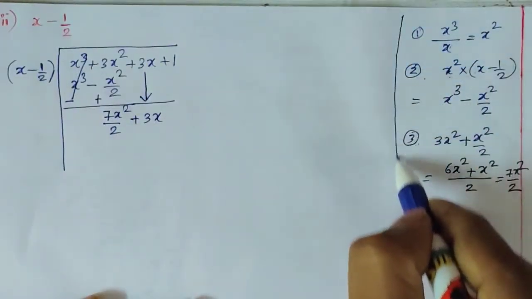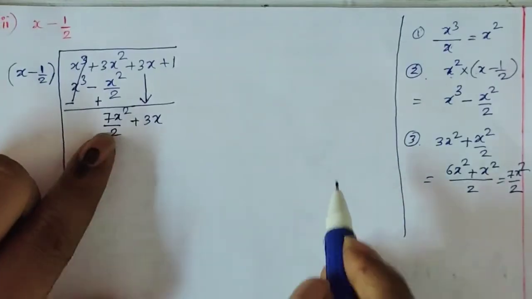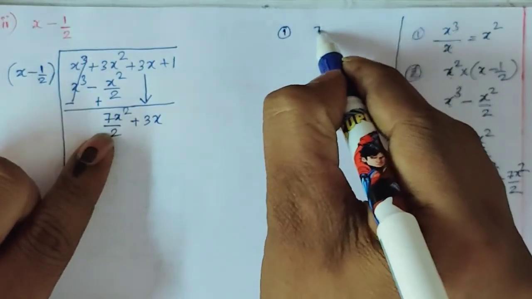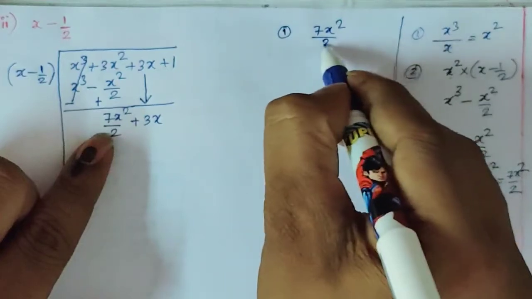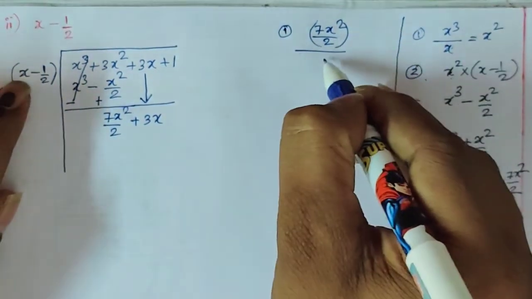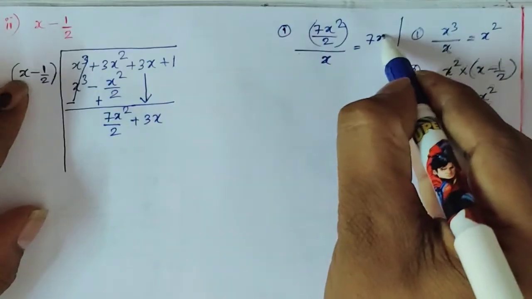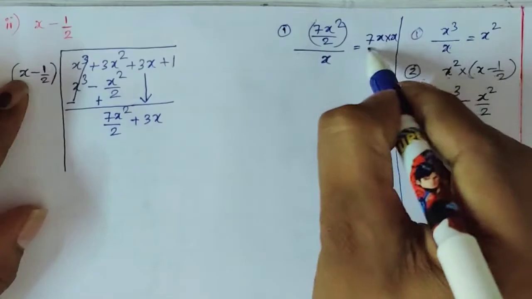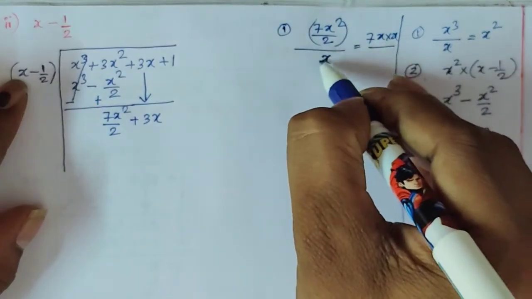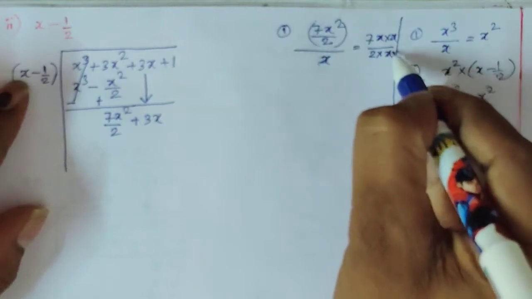So now coming to this one, what is the first term here? The first term is 7x square by 2. So this should be divided by the first term in the divisor. It will be written like this, 7x into x by, this 2 can be written in the denominator along with x, that means 2 into x.